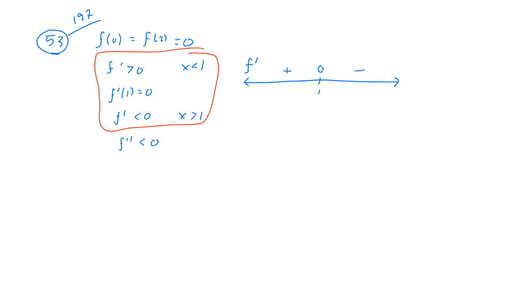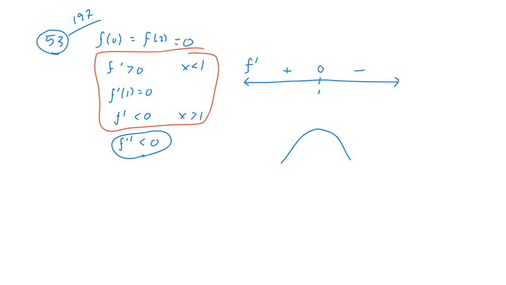Well, wow, I can draw a picture of this. The function is increasing until I get to 1, and then is decreasing afterward. Now down here we were told that the second derivative is negative, which means that the graph is concave down, and the graph that I just drew, kind of an upside down parabola, satisfies that. The only part that I haven't drawn is that f of 0 and f of 2 should both equal 0.